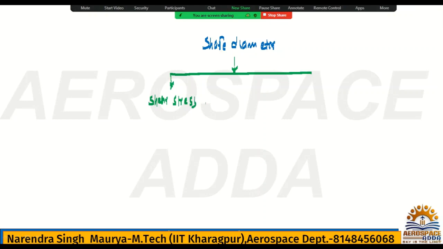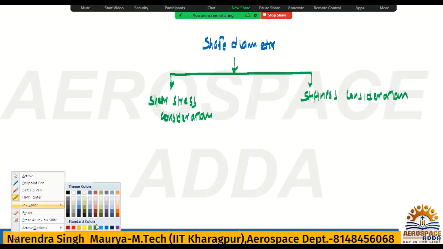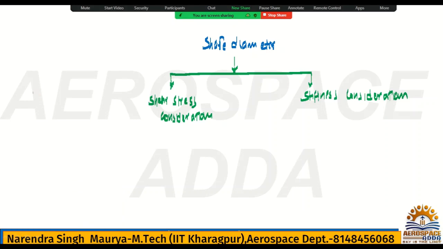Shear stress consideration. Second one is stiffness consideration. What is the standard formula?